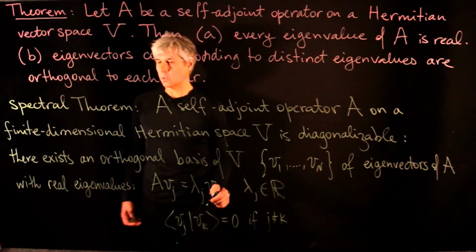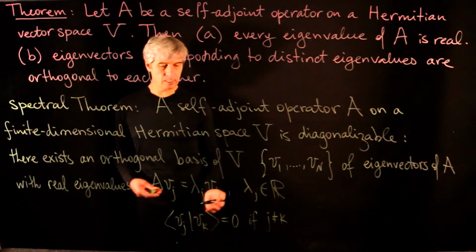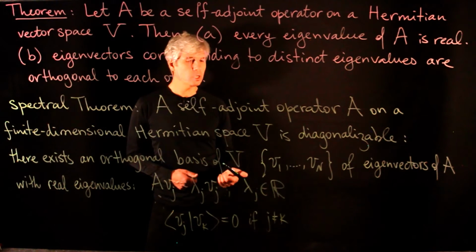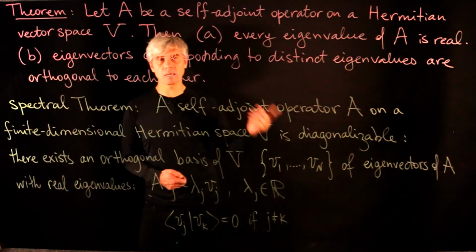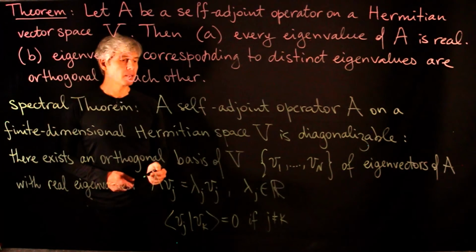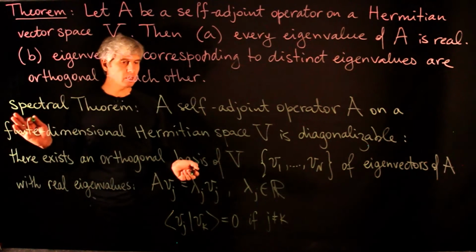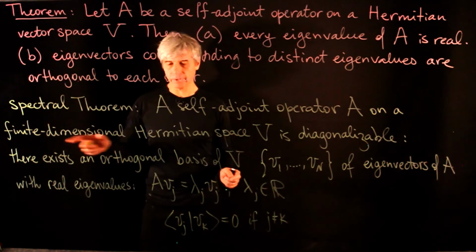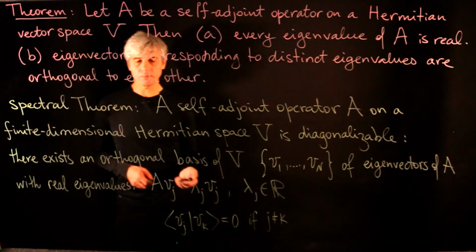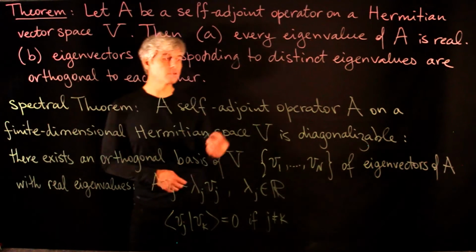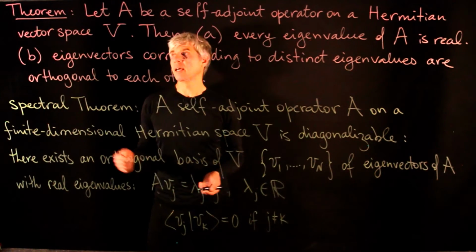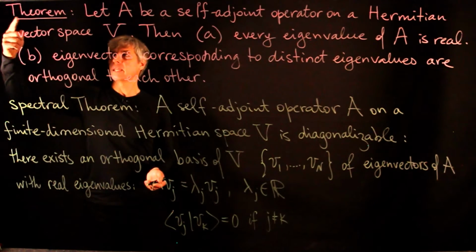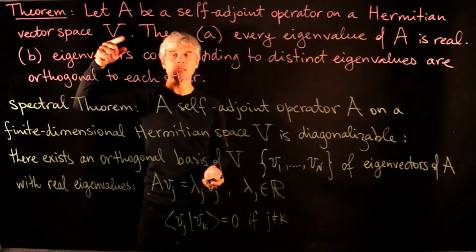Right. So what we get is that we can choose an orthonormal basis of V in which the matrix of A becomes a real diagonal matrix. Even though we stated this theorem in the context of finite dimensional vector spaces, there is in fact a generalization of this theorem to infinite dimensional Hermitian vector spaces. I wanted to point out that in our first theorem we never used the fact that V is finite dimensional.